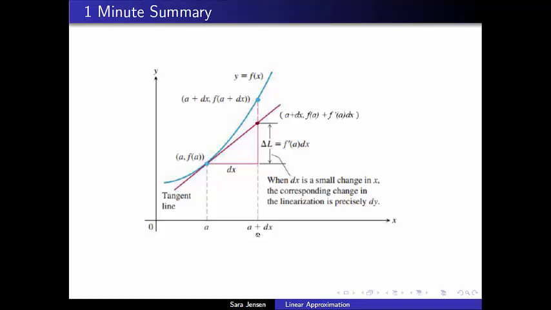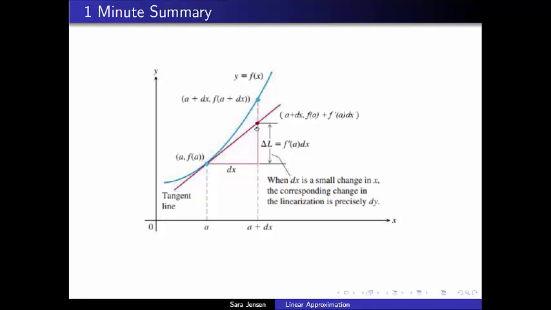So we're imagining we're very zoomed in on this picture. Now you'll notice that at a plus dx, the value of the function y is equal to f of x, and the value on the line, L of x, are actually different. But because we're very zoomed in on this picture, they're not different by much.